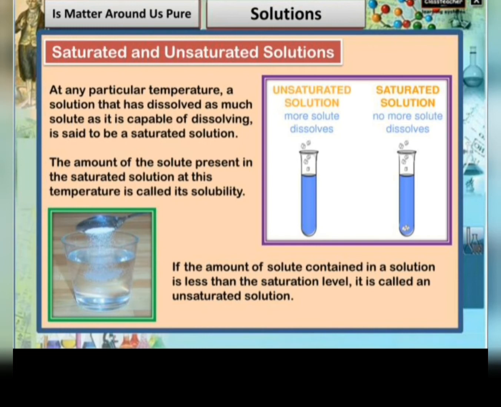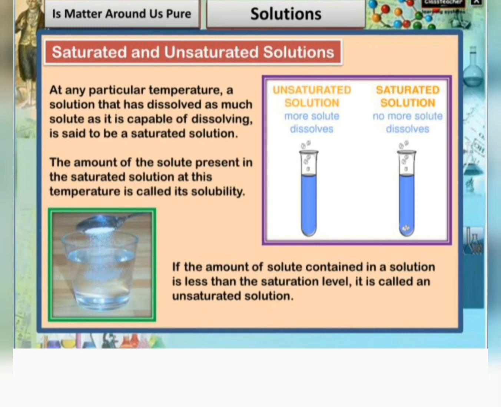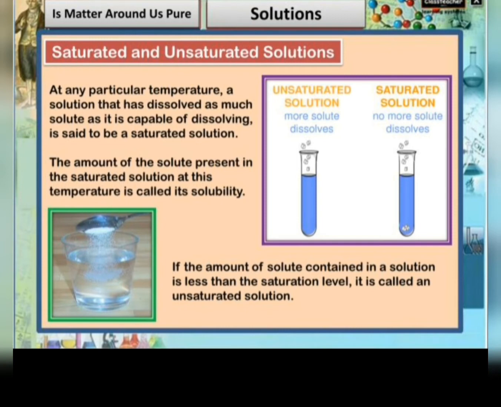So if I'm adding sodium chloride in 100 grams of water, then let me tell you, a maximum of 36 grams of sodium chloride can be dissolved in 100 grams of water at a temperature of 20 degrees Celsius. It means at this particular temperature, the maximum salt which can be dissolved in 100 grams of water is 36 grams.